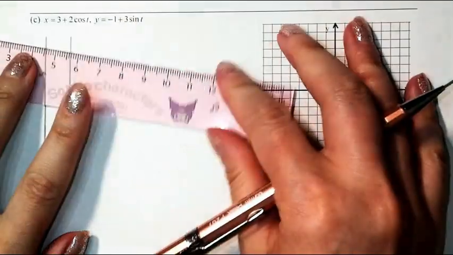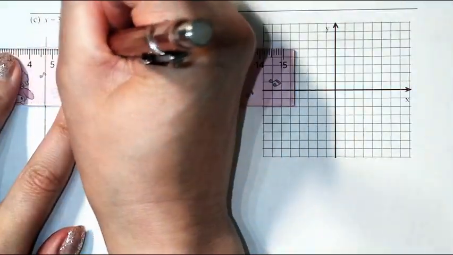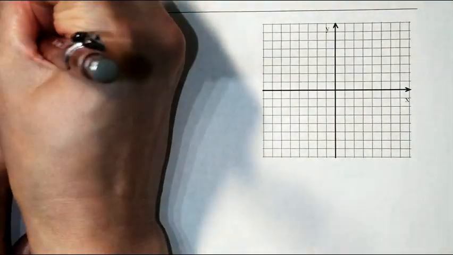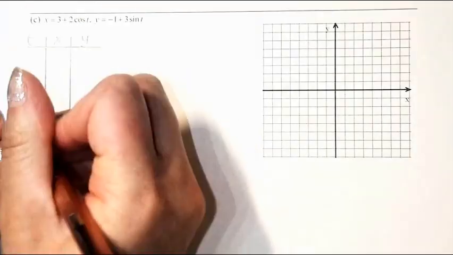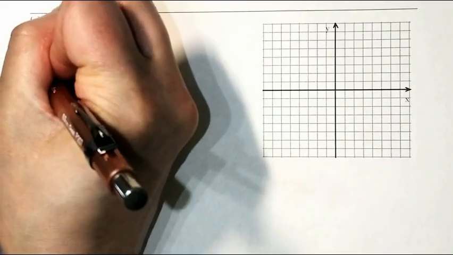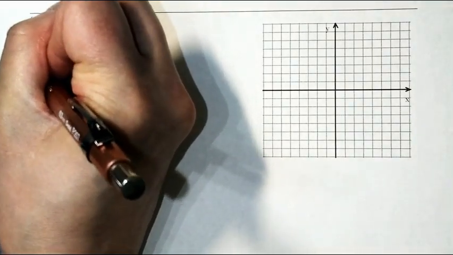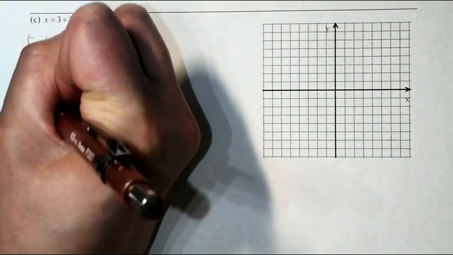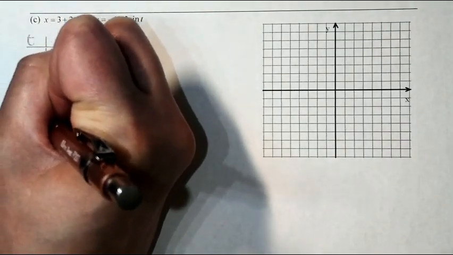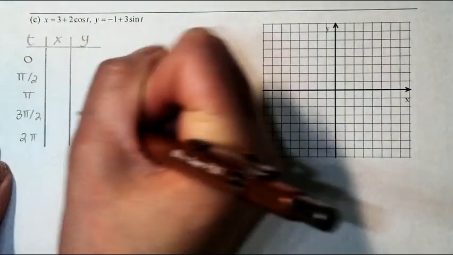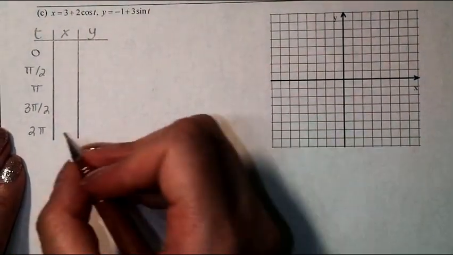Nothing new here. So what values are we going to put? Well, I would put the most significant for the unit circle: 0, pi over 2, pi, 3 pi over 2, and 2 pi. If needed, you can put more, but you might not need to.